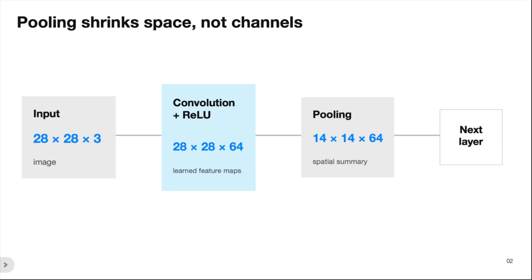It reduces height and width, but does not mix channels. In this example, a 28 by 28 feature map becomes 14 by 14, while the 64 channels remain 64. Pooling is therefore a spatial downsampling operation, not a learned feature detector.